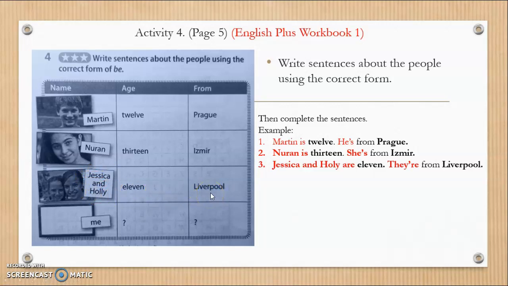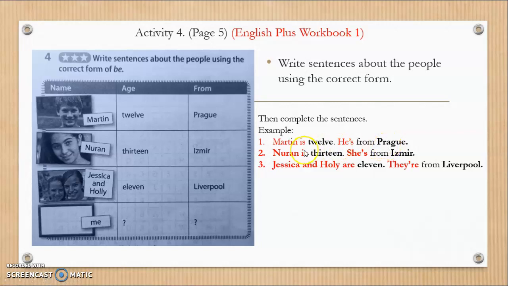Alright, so write sentences about the people using the correct form. Then complete the sentences. I give you all the examples. For number 1, Martin is 12. So we use the affirmative statement. He is from Prague. Very simple.